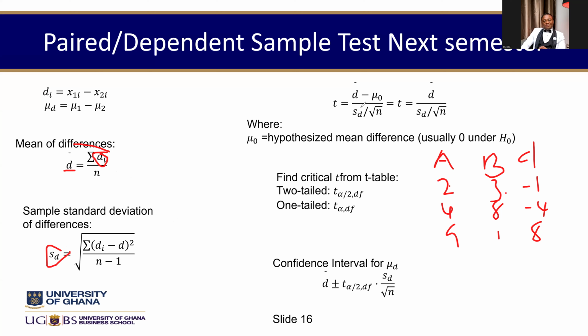You see, if you look at the test statistic, there is a sample standard deviation of the differences here. Now to do that, you see how this formula is. You need a column for the D i. You need a column for the D i minus the D bar, which is the mean.